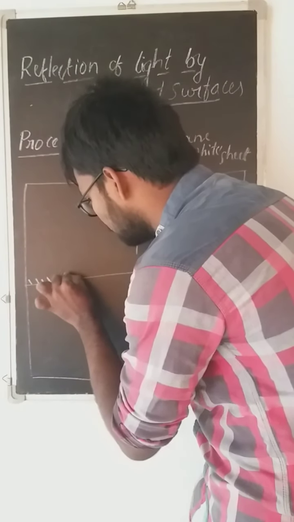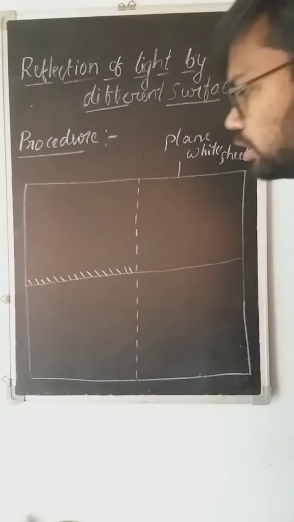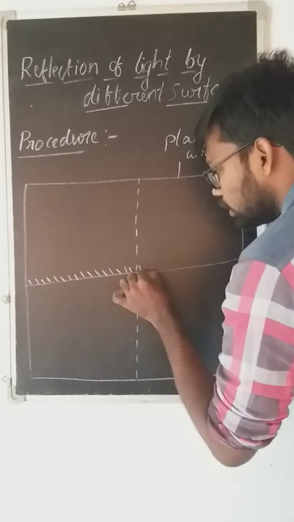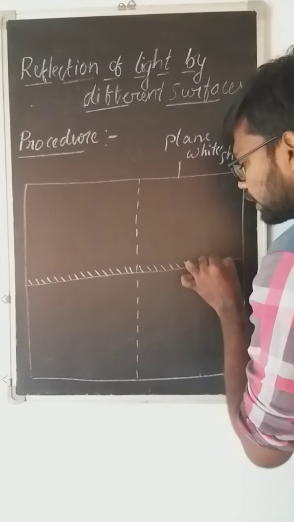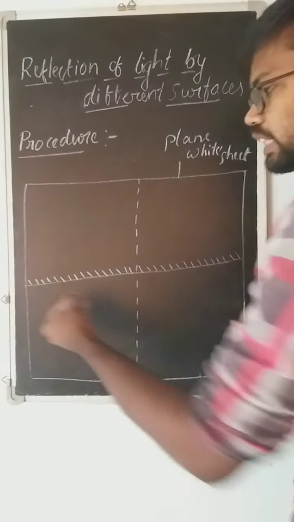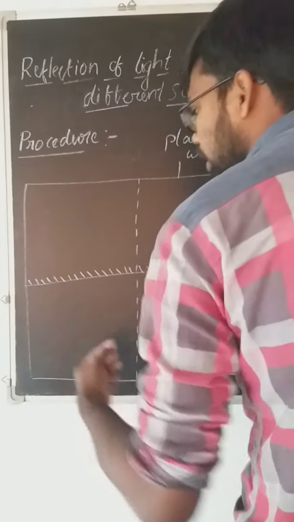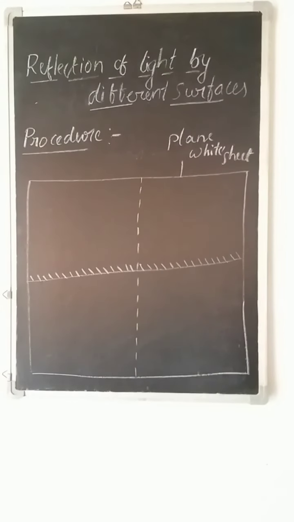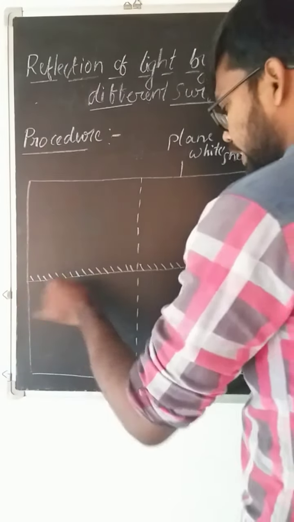This is the representation of the plane mirror, which means one side is the mirror side, and the line present on that mirror is known as the silver coated side. So, the plane mirror and strips.